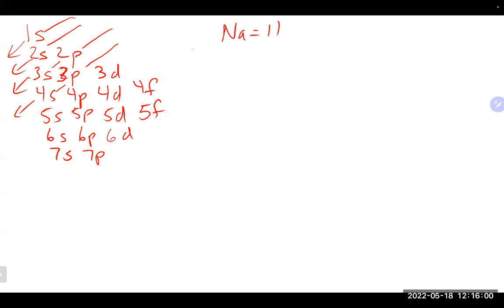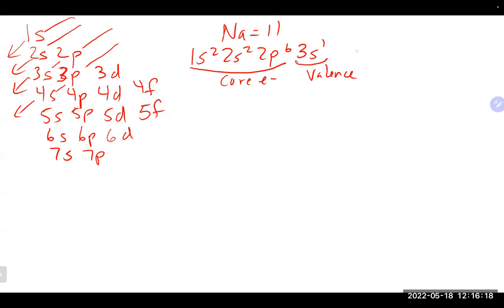And it would be something like 1s2, 2s2, 2p6, 3s1 in this case. These here are what are referred to as core electrons, right? They are closer to the nucleus. This is the valence electron, which is the outermost and highest energy level electron. We also talked about that we can draw what is referred to as the orbital diagram for these.